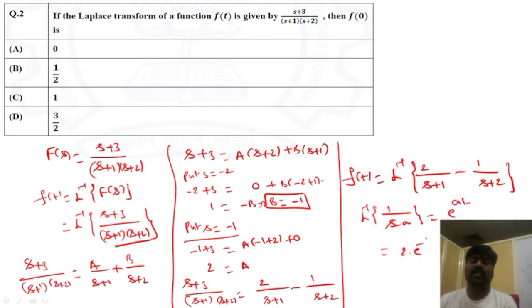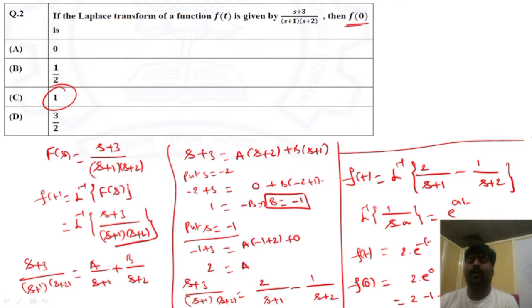So this will be 2 into e power minus t, minus e power minus 2t. This is my f of t. The value of f of 0 is 2 into e power 0 minus 1, that is 2 minus 1, which is 1. So option C is correct.